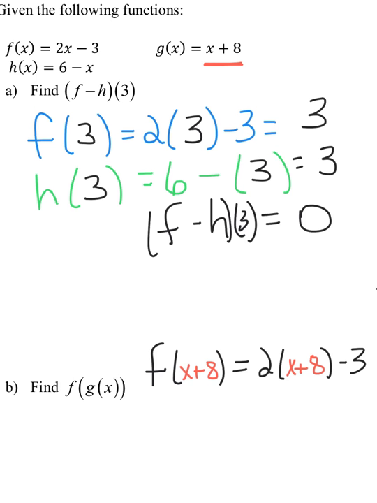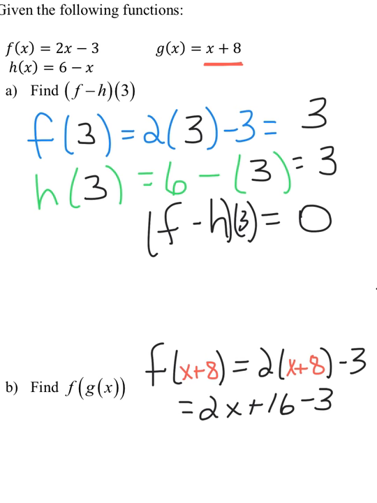All right, so I've plugged in my g, which is x plus 8, right here into my f. And now what I'm going to do is simplify this. Now, I need to distribute this 2. This is a positive 2, which makes my life a little bit easier. But I have to remember to distribute all the way through the parentheses. So it's 2 times x and 2 times 8.